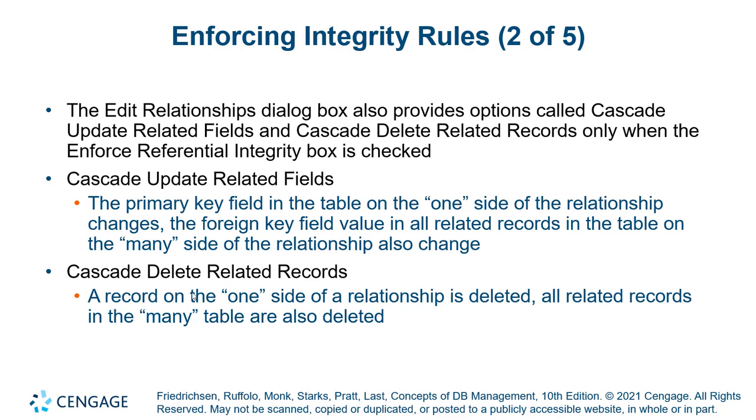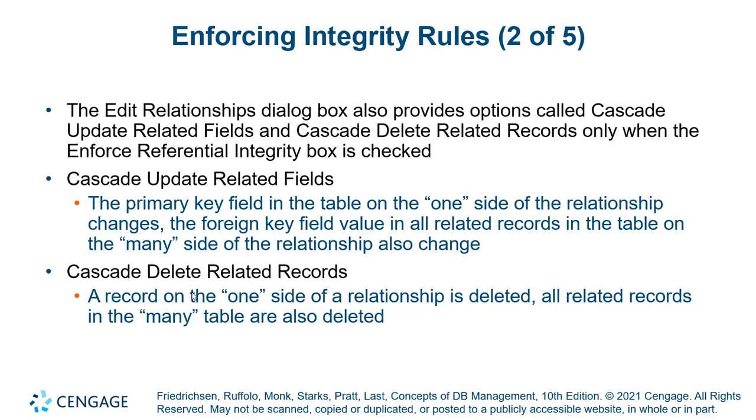All right, so let's talk about cascading records. So when we're enforcing referential integrity, we have the option to cascade update related fields, and we also have the option to cascade delete related records. So what does that actually mean? Well, it means when we update a record in the field that has a primary key, the field in the related table that has the foreign key also gets updated with that update.